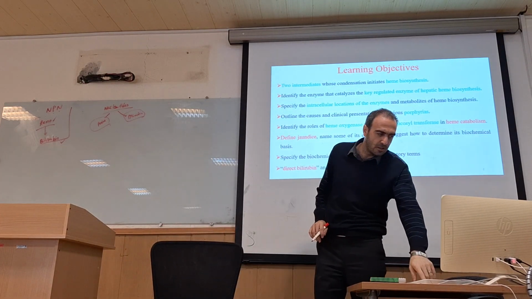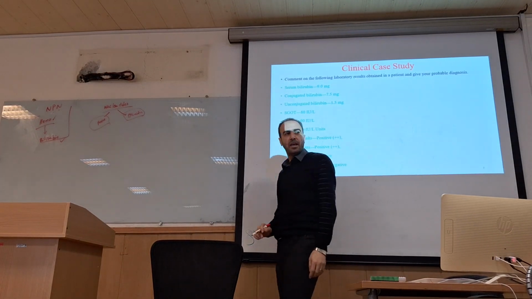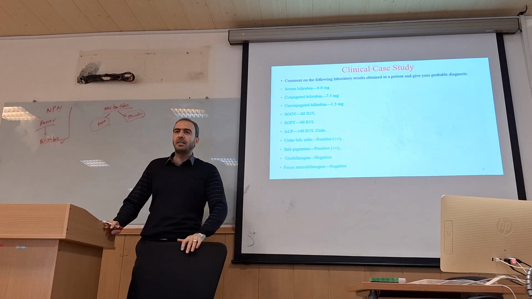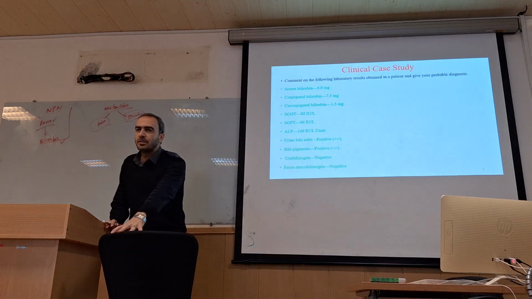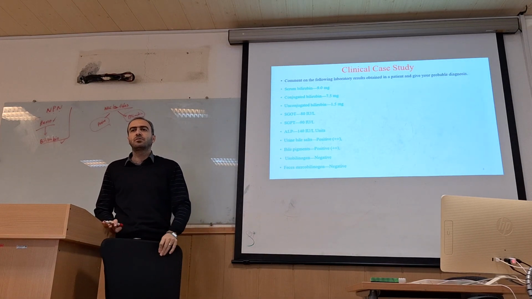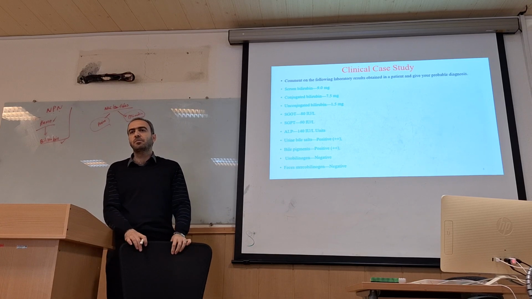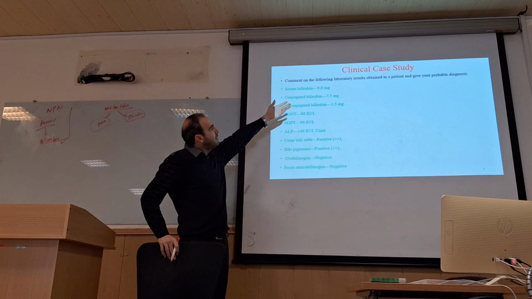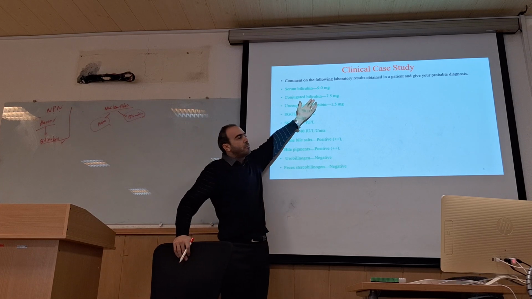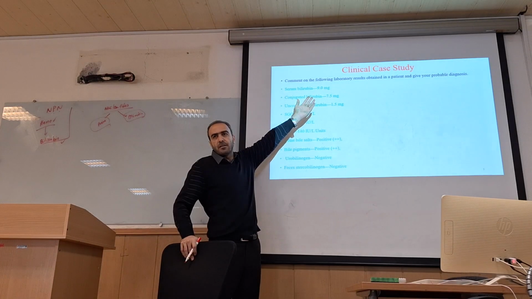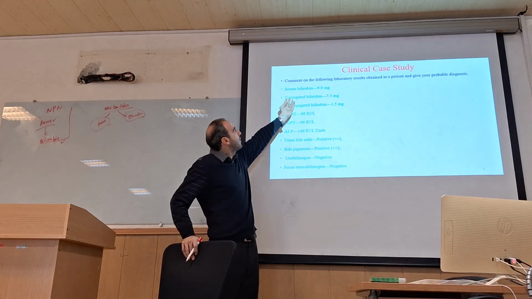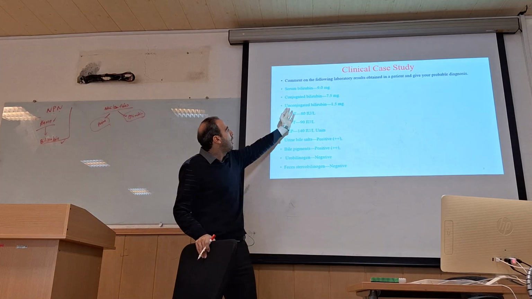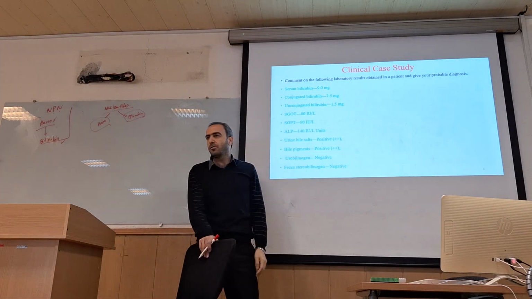So first of all, again, I introduce a case. You can look at the lab results, and in the end of the class, you should detect what kind of disease this patient has. These laboratory results: serum bilirubin is 9 milligram, conjugated bilirubin 7.5, unconjugated 1.5.